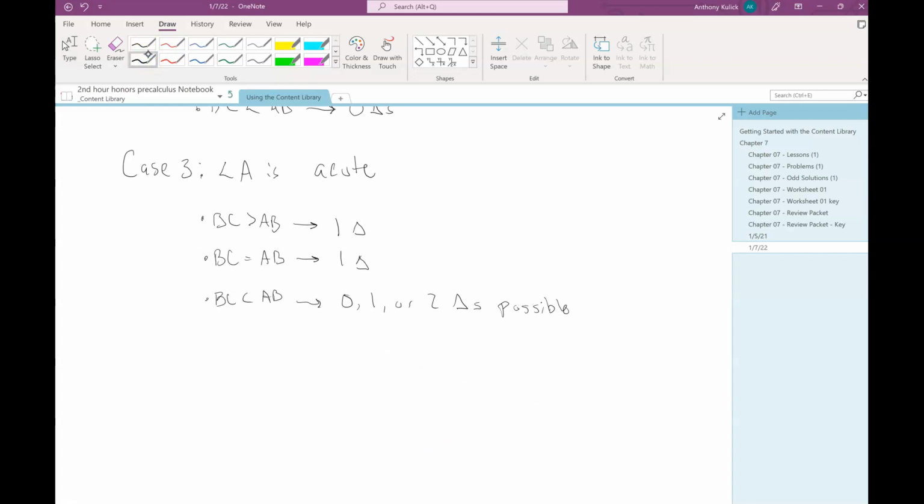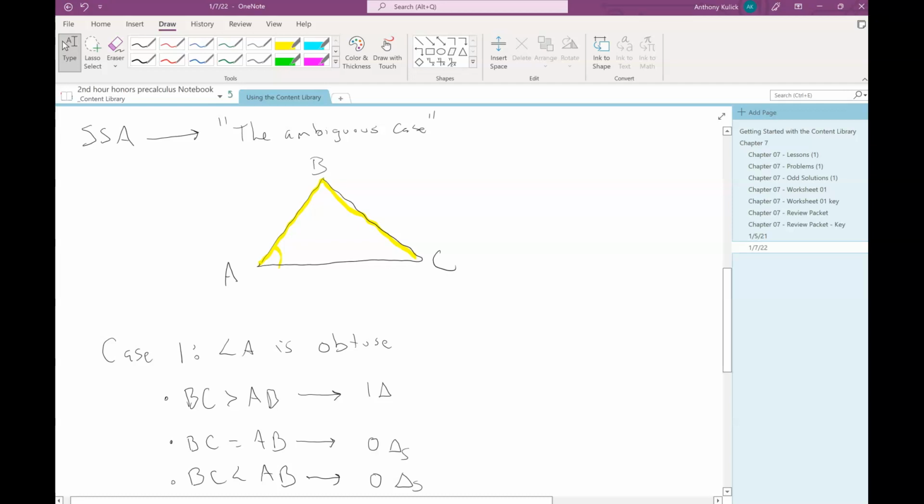So the first thing we'd want to do now is figure out a way to tell whether I should be looking for no answers, one set of answers, or two sets of answers, if I run into this situation. So this is how we're going to tell. We're going to set up a law of sines. So my law of sines would be sine A over BC equals sine C over AB.